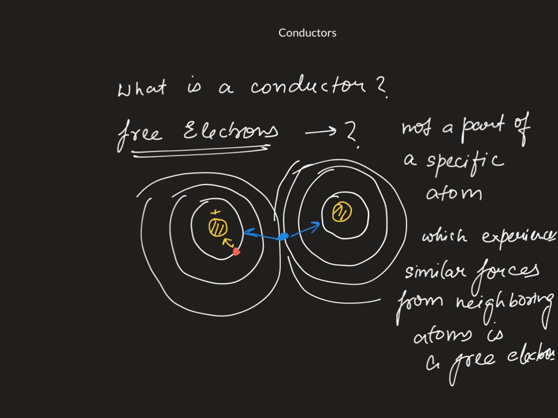So the red electron belongs to the left nucleus, or should I say nucleus A, and the other to nucleus B. So the red electron belongs to nucleus A, and if we take another electron, let's say here, the green electron belongs to nucleus B. But if we have a look at the blue electron here, we can say that it effectively does not belong to any nucleus, as it might experience almost similar forces from all nuclei that are nearby. So such types of electrons are called free electrons.